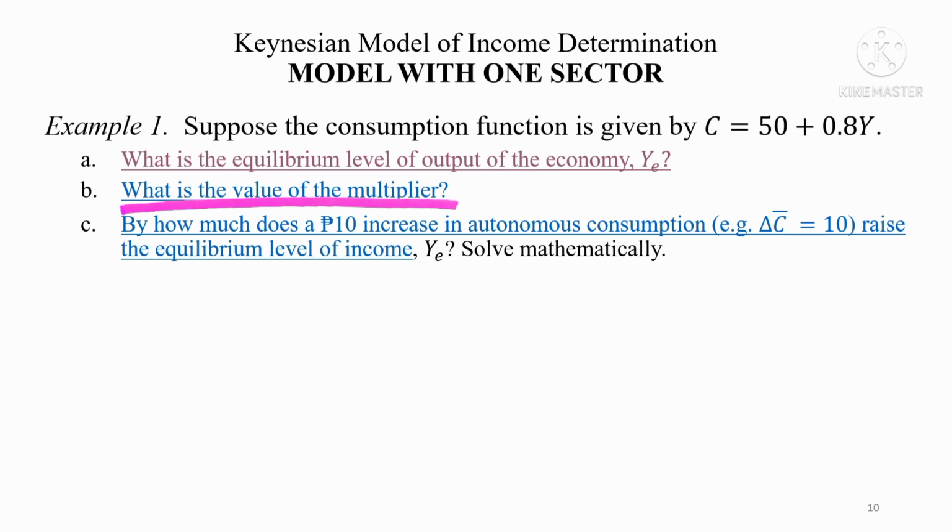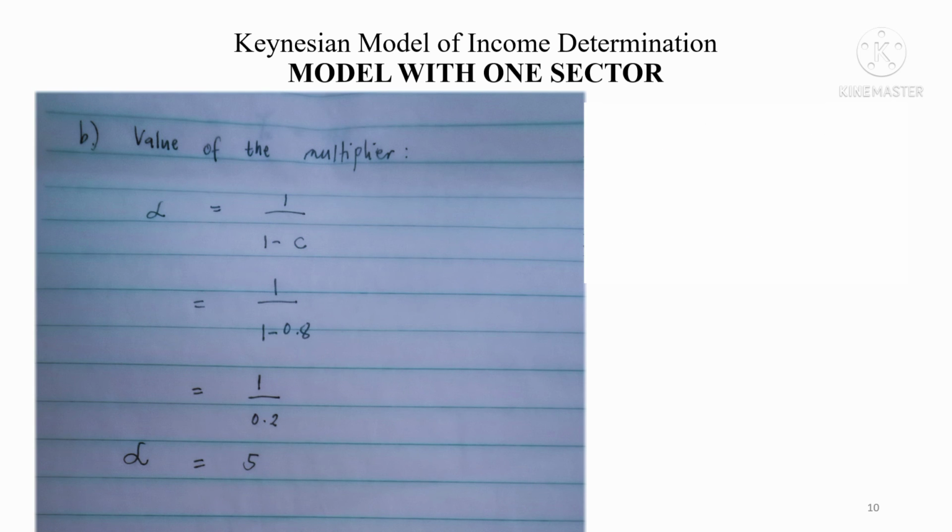Then letter B is, what is the value of the multiplier? To solve for the value of the multiplier, we will use the formula alpha is equal to 1 over 1 minus c. If we substitute, it becomes 1 over 1 minus 0.8, which is equal to 1 over 0.2.